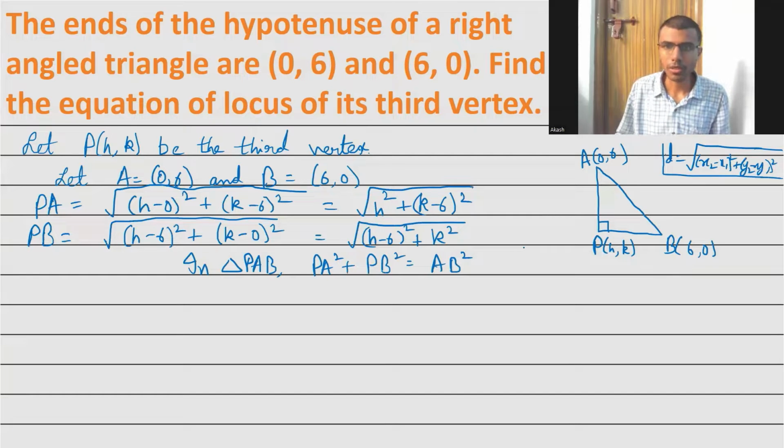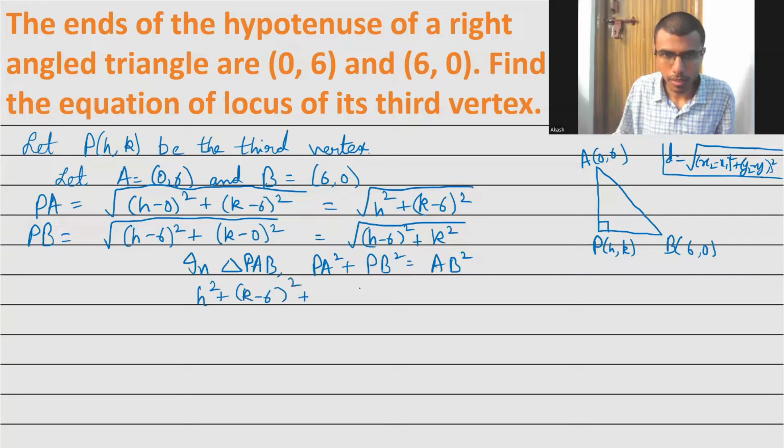PA square would be this term without the under root, so h square plus (k minus 6) whole square, plus PB square would be this term without the under root, so (h minus 6) whole square plus k square.